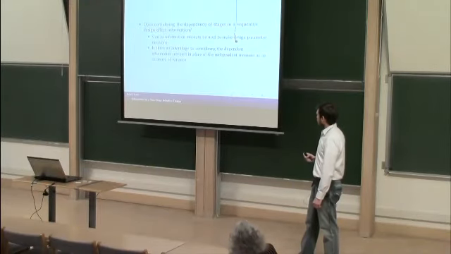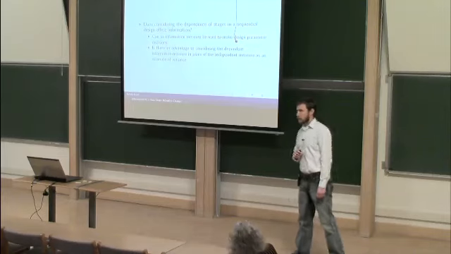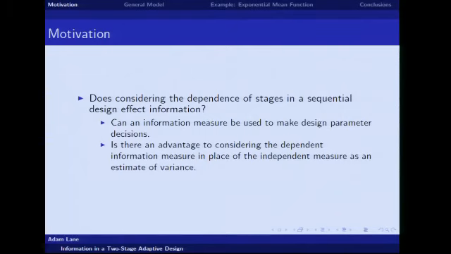So first, the motivation. Does considering the dependence of stages in a sequential design affect information? And of course, if the stages are dependent, you would expect that the information would reflect that. So the first step might be to find that effect analytically, and then more important to us is the question of practically.